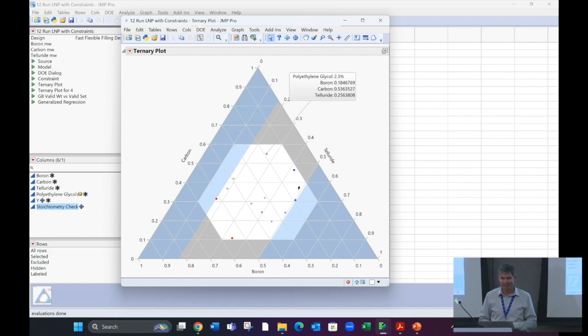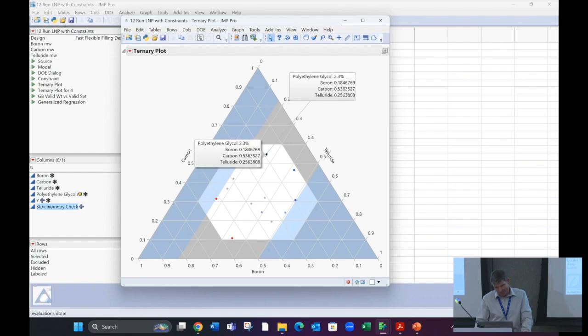It's kind of not intuitive necessarily, but you can see that this particular point here, when we look at the carbon over here, it's 56% carbon, right? So if I just go directly across, that's the 56%. And then the boron is 18%.